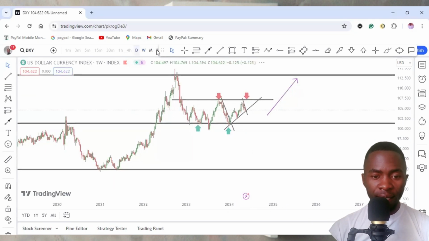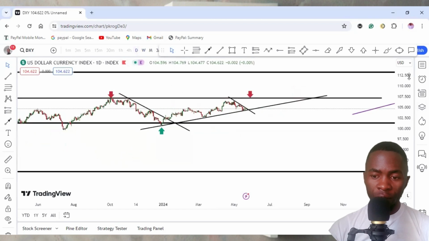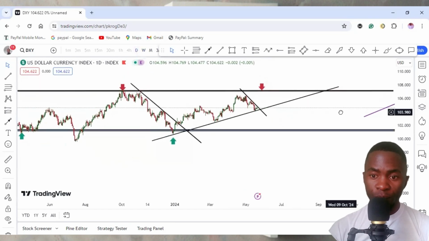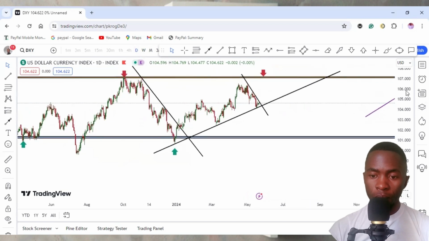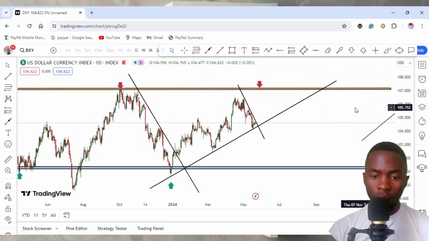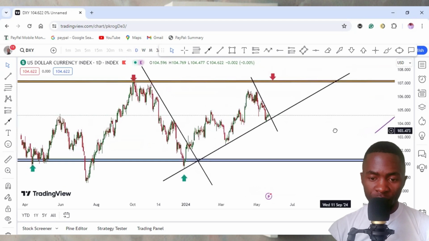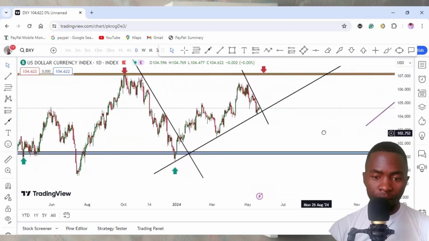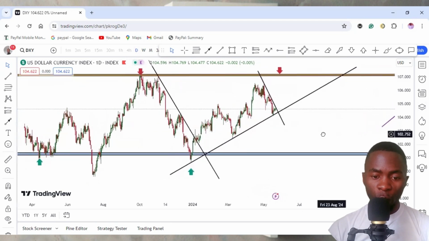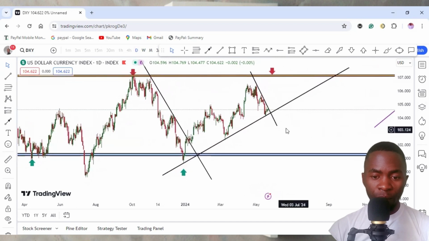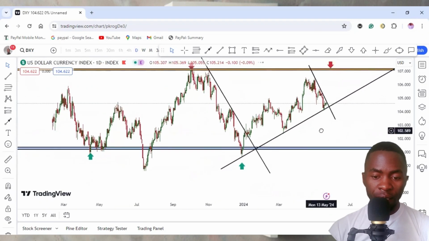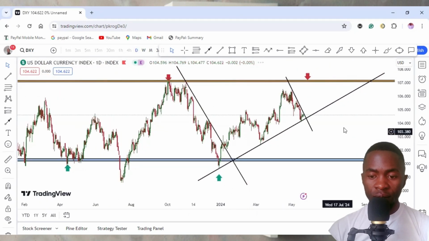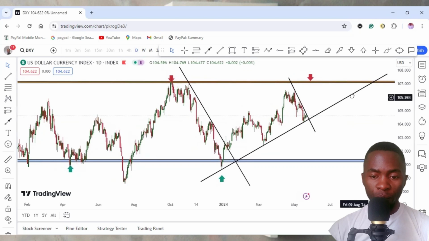So let's go back to daily. On daily, this is what I'm expecting to see. The market on daily, we have seen clearly that the market is bullish, but it keeps retracing on some few pullbacks.